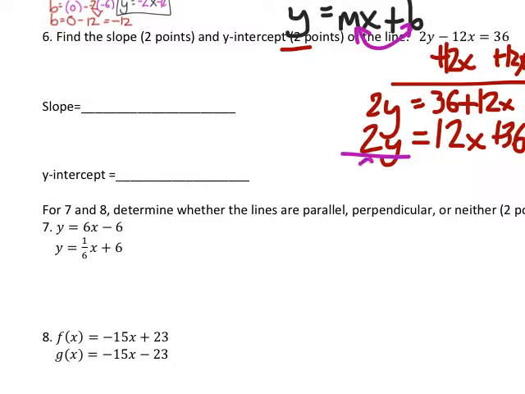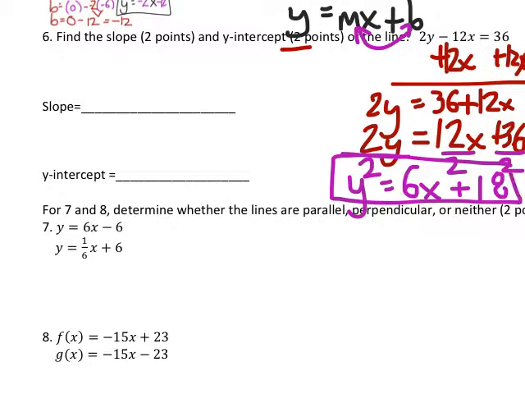And from here, we're just going to divide by 2 everywhere. And we end up with y equals 12 divided by 2 is 6x, 36 divided by 2 is 18. And that's the equation. So the last thing we have to do is figure out where is the slope. Well, it's right in front of the x. It's the coefficient of x. Slope is 6.